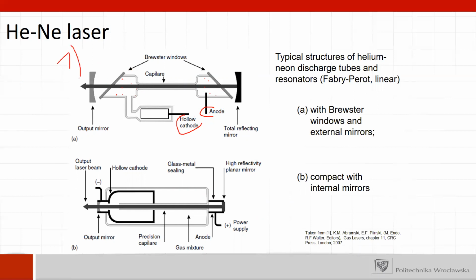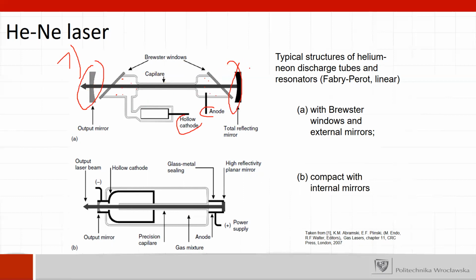In this first case, the resonator is just an external device. We have external mirrors that are independent of the capillary. They just surround the capillary here. So we can build a confocal resonator or anything.